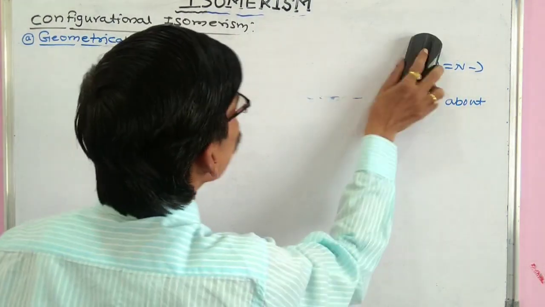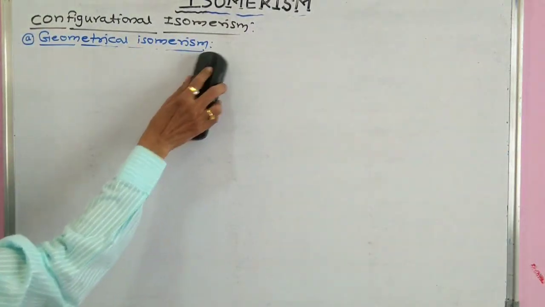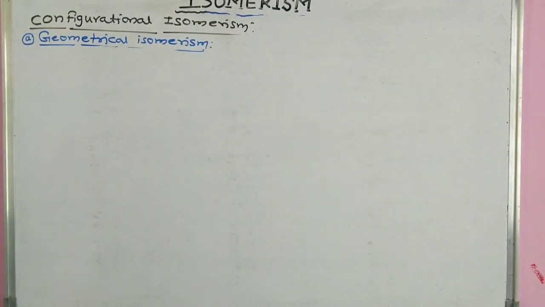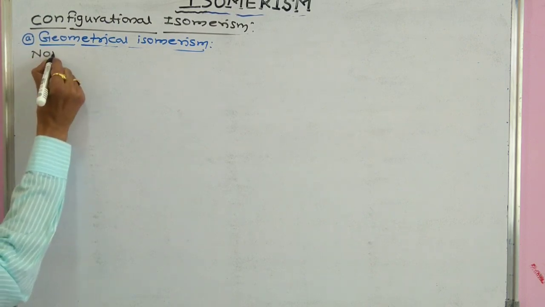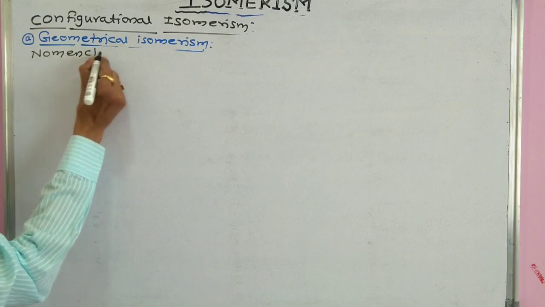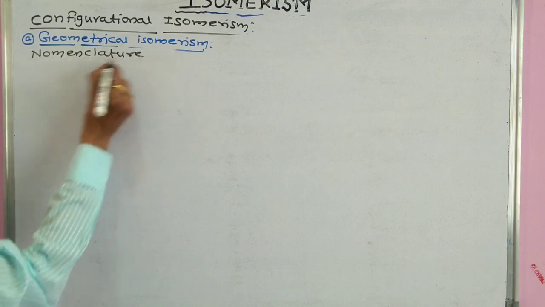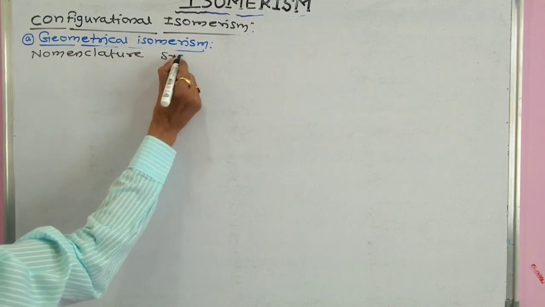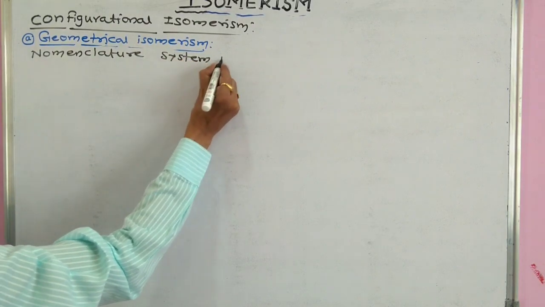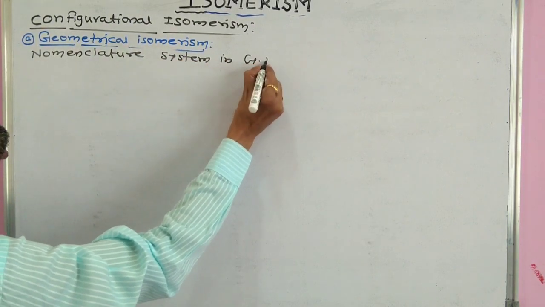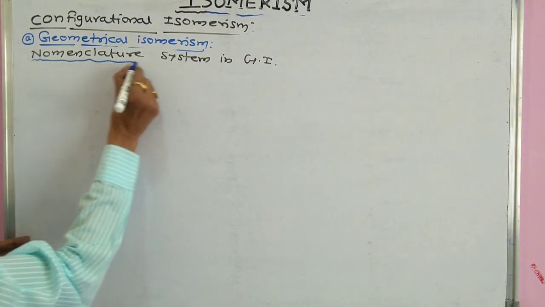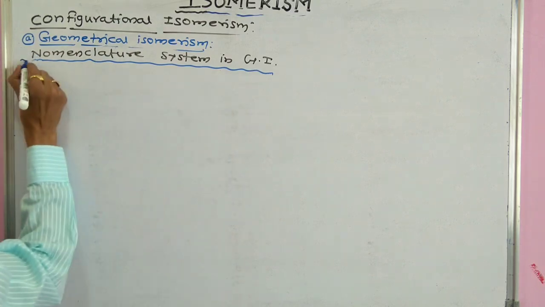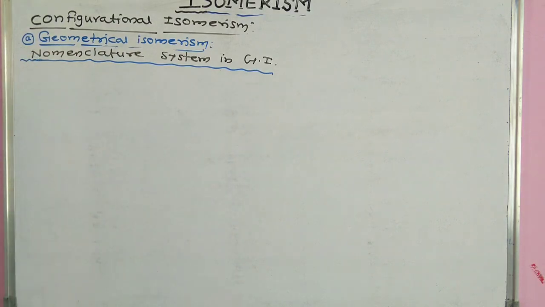Now, the nomenclature system in geometrical isomerism. There are two types of nomenclature systems.